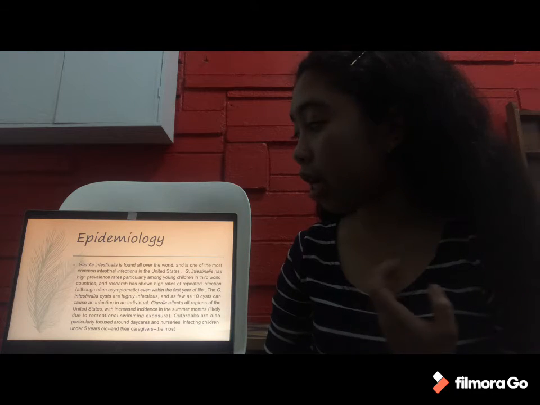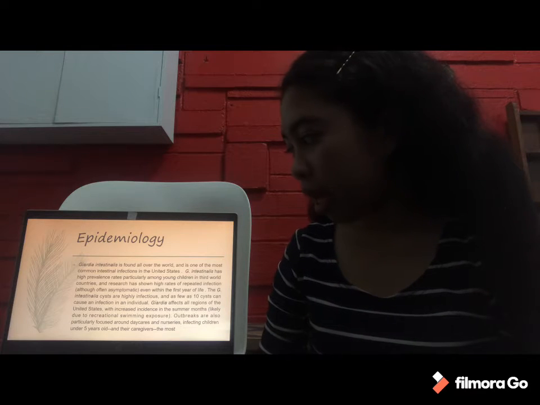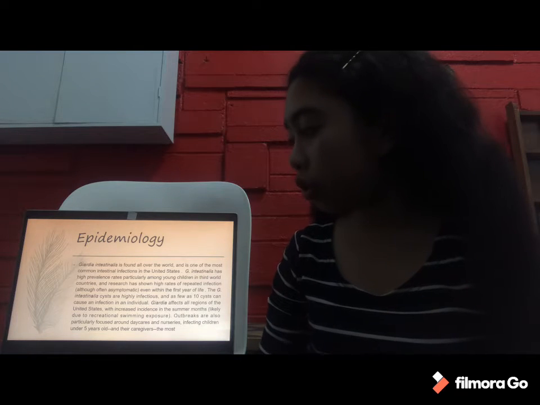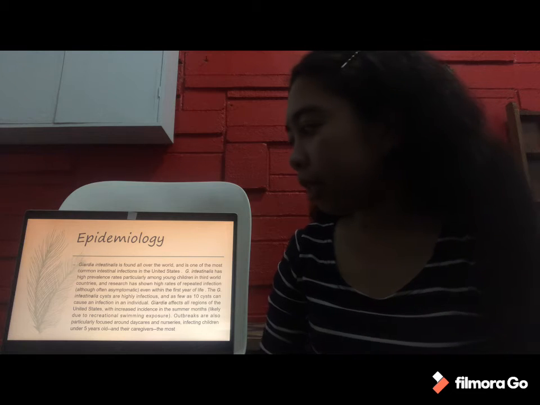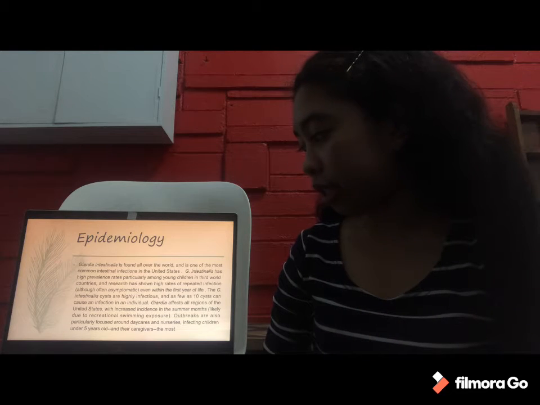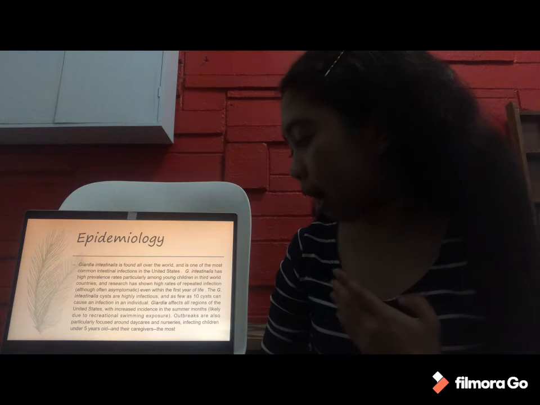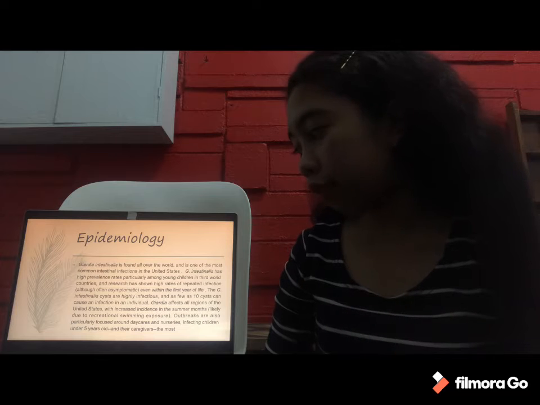And research has shown high rates of repeated infection, even within the first year of life. So Giardia intestinalis cysts are highly infectious, as few as 10 cysts can cause infection in an individual.